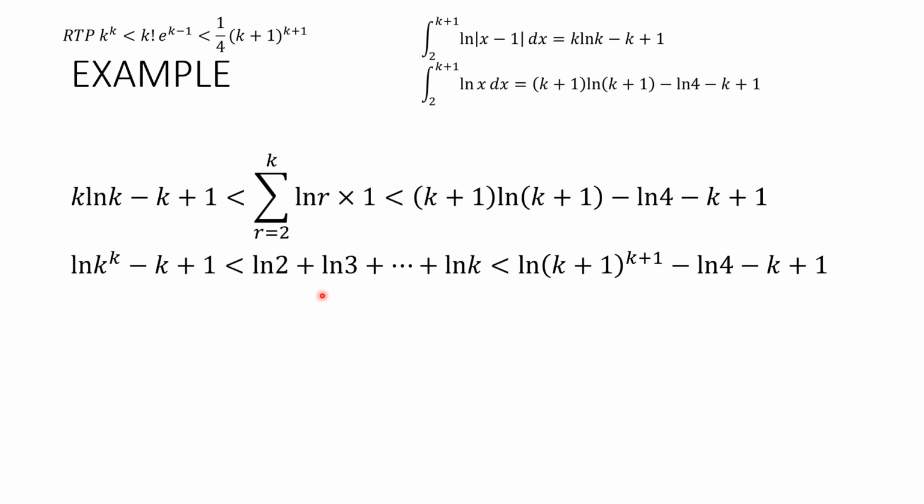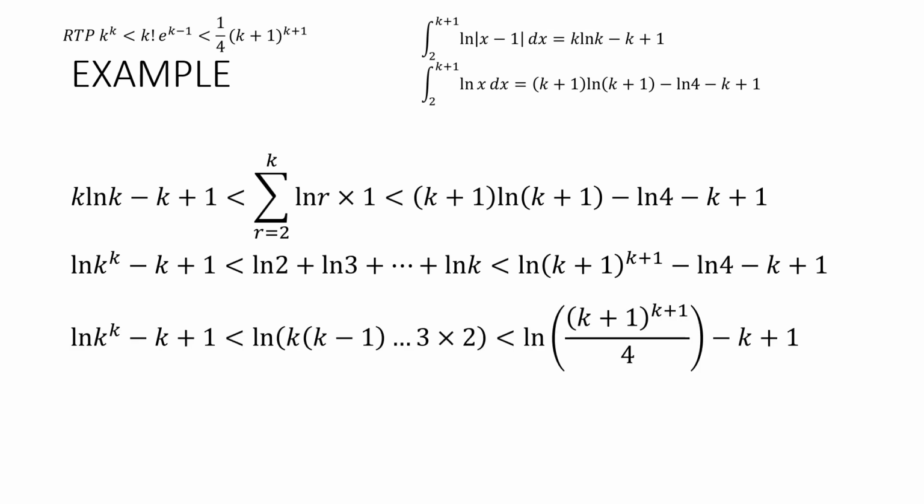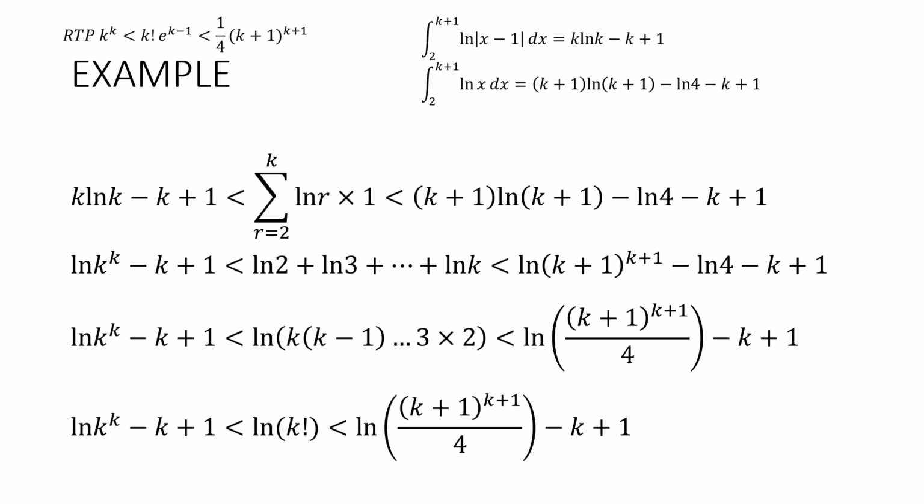I can join all of that together. It is ln of k times k minus 1 dot dot dot times 3 times 2. That's k factorial. Here I've just joined those two log terms together. So this is ln k factorial.